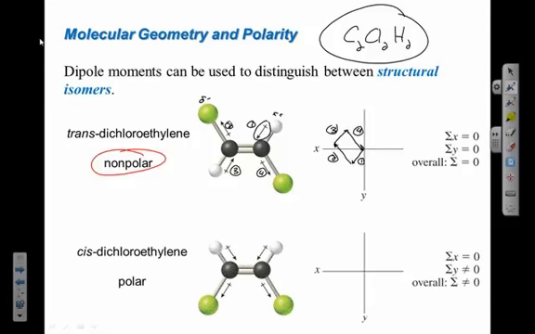If I put the chlorines, though, on the same side of the double bond, because the double bond can't rotate, there's no way for that molecule to rotate back into the other molecule. If they're not equal by rotating, that means they're different structures, and they have different polarities and different properties and different identities. In this case, I can clearly see all the negative is on one side and all the positive is on the other side, so the average position of positive to the average position of negative gives me an arrow straight down.